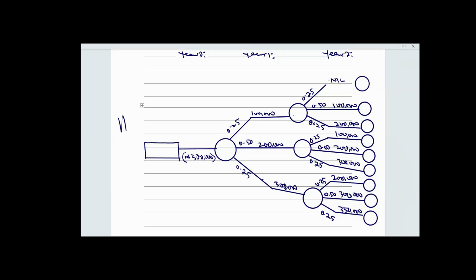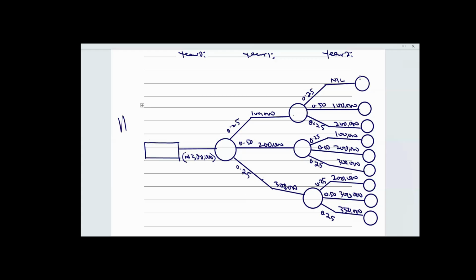This is the most stressful part of it, calculating NPV for all these plenty nodes. So next is that you need to label your nodes alphabetically or numerically. It's your choice.